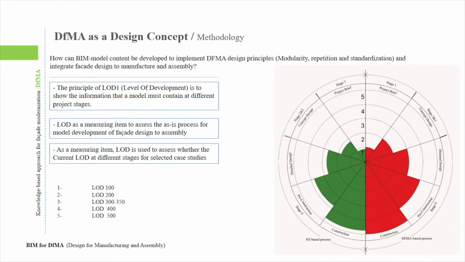For example, within this diagram, the green one is where just BIM is used, and by BIM, I don't mean BIM level 2. At different stages, there are different LODs, and we can compare the requirements that fulfill the LOD target at different stages within a DfMA-based process, which is shown by the red color.